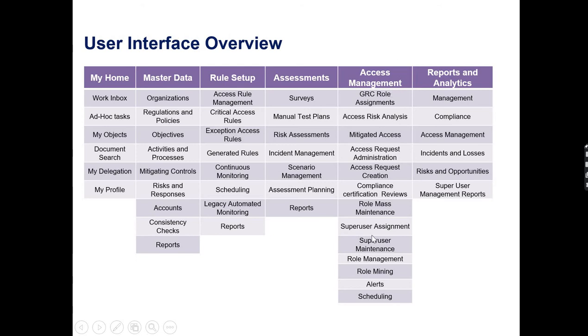All this we do in this section, all the things related to access control. Report and analytics is common for access control, process control and risk management. All three will have their individual reports in report and analytics. Right? Any question?